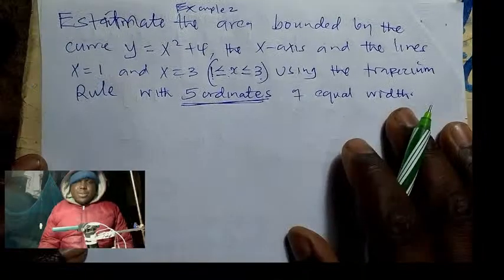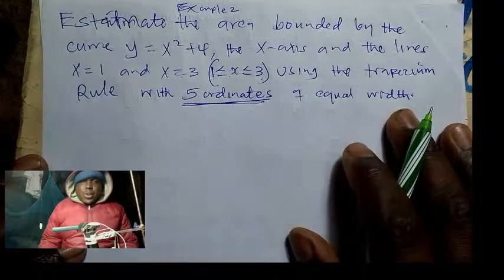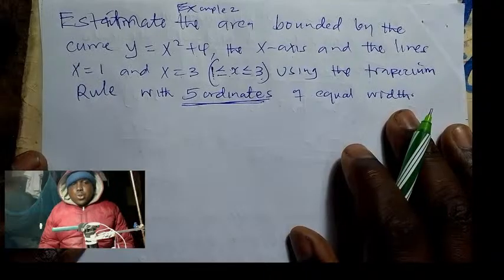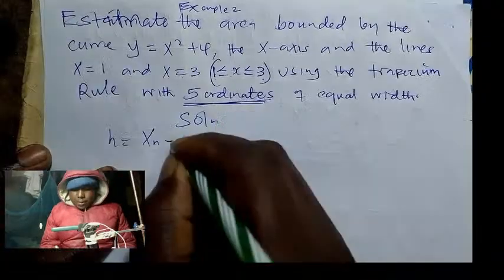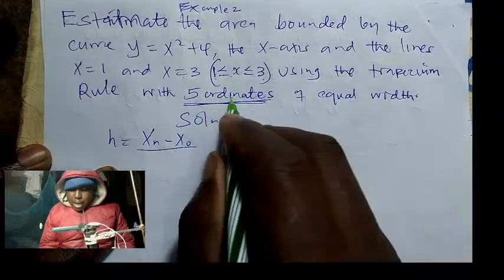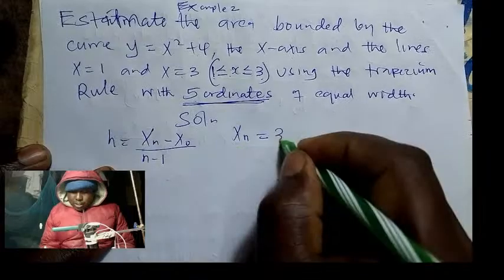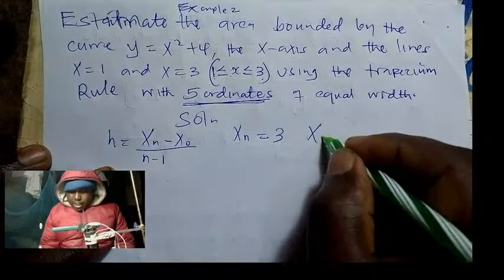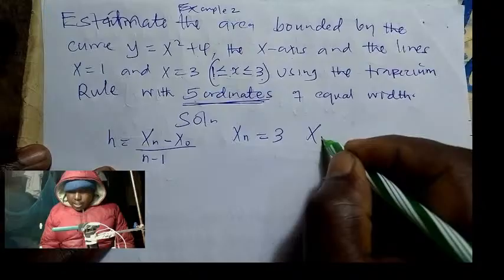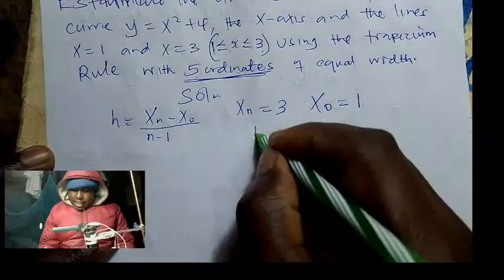Now that gives you the formula you are going to use to get h. The final range is 3. x naught is equal to 1, here we start with 1. And then n minus 1 will be equal to 5 minus 1.